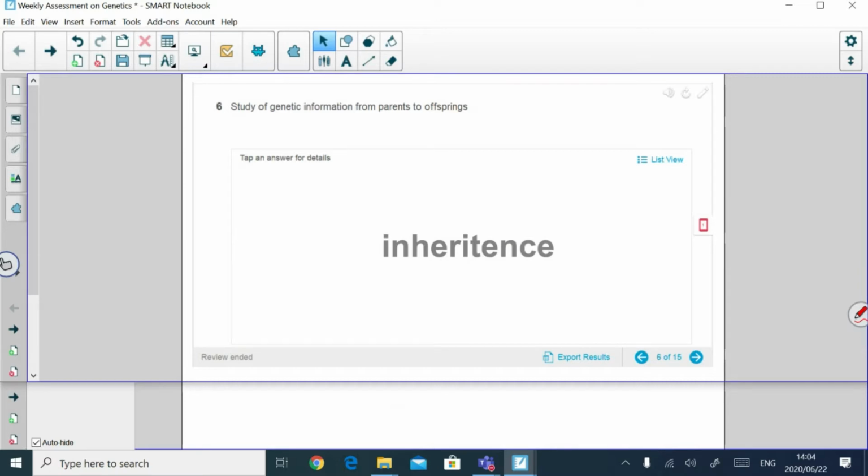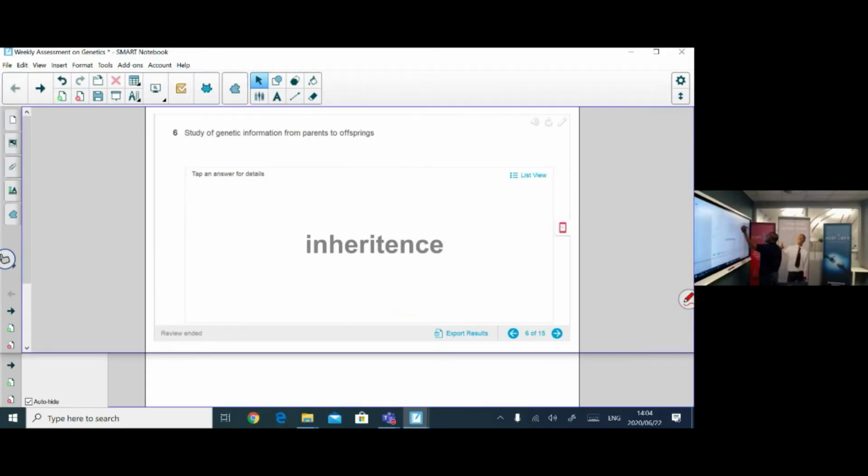Maybe I should have put here: the study of the passing on of genetic information from parents to offspring is inheritance. My apologies for that.